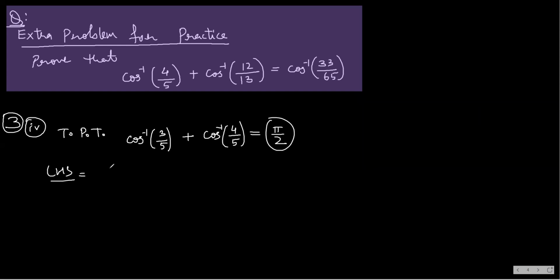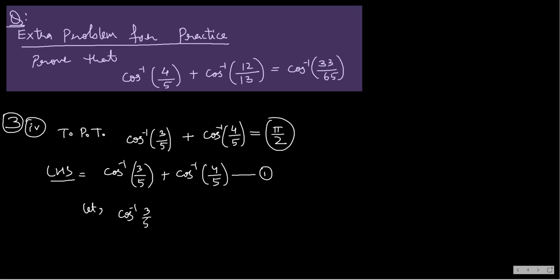So on the left hand side I have cos inverse of 3 by 5 plus cos inverse of 4 by 5, and I write this as 1. Now, I decide to change this into sine inverse. So let cos inverse of 3 upon 5 equal theta.